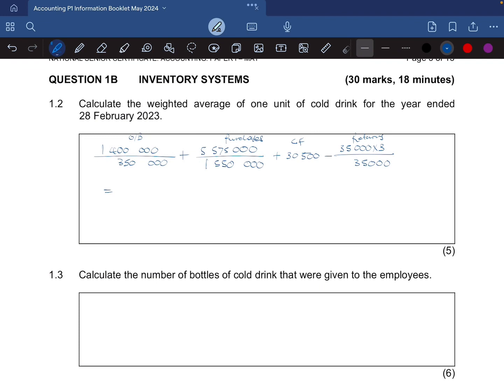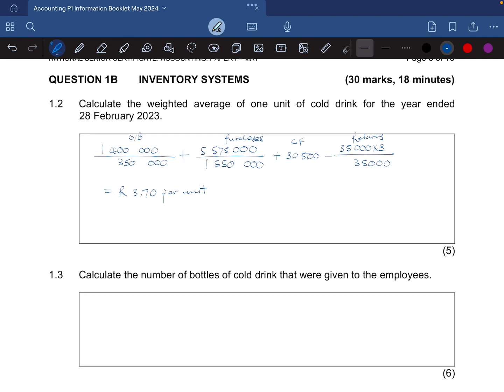Then that will give us a total amount of 3 rand 70 per unit. Right, so that is how we are going to calculate our weighted average of 1 unit of cold drink, and we're going to move on to question 1.3.